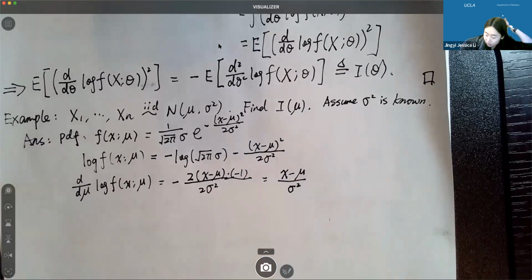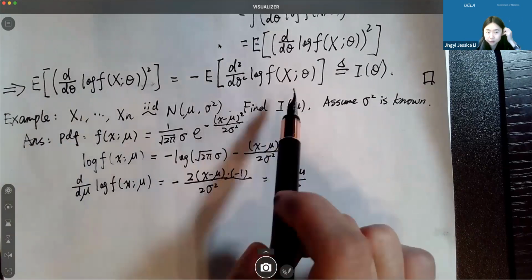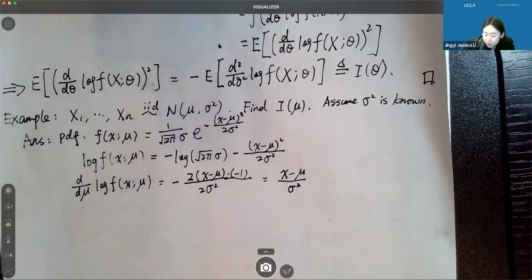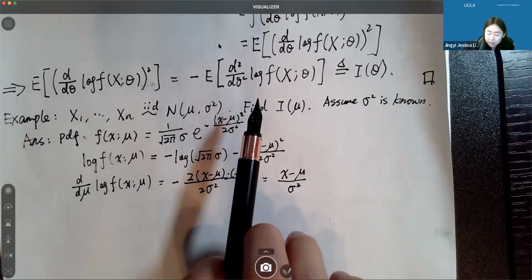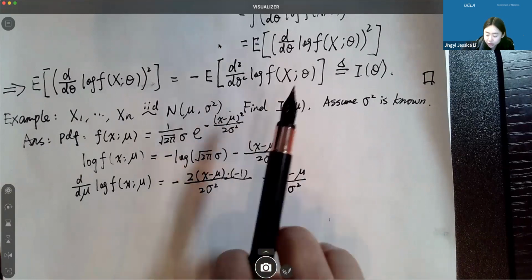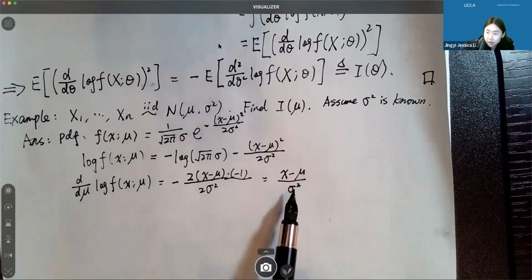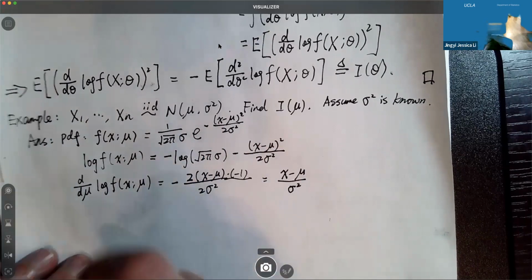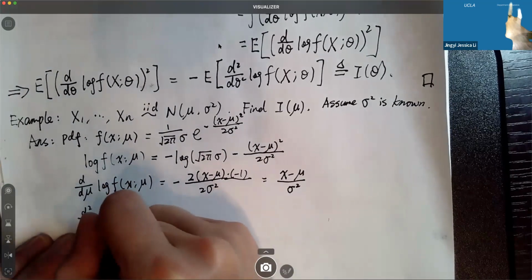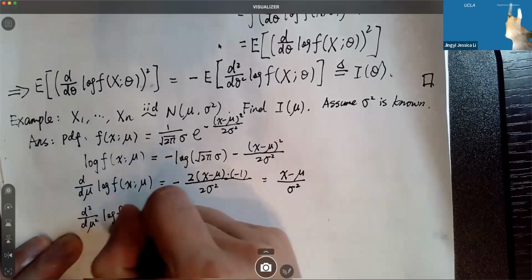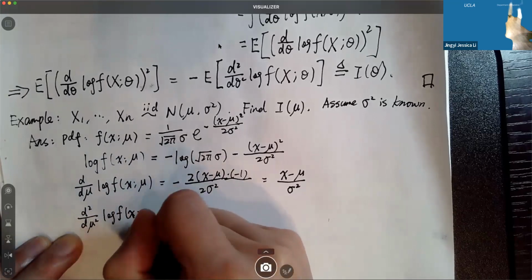Now I can use either definition to calculate the Fisher information. But up to this point, I can see that the second definition is easier, because if I differentiate once more with respect to mu, mu will be gone. Then I'm left with a constant, and the expectation is straightforward. So let's use the alternative definition, the second derivative with respect to mu.